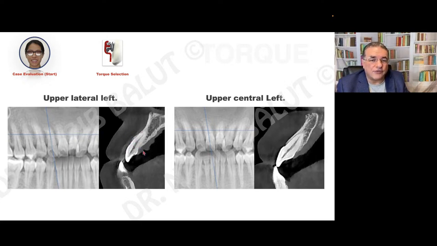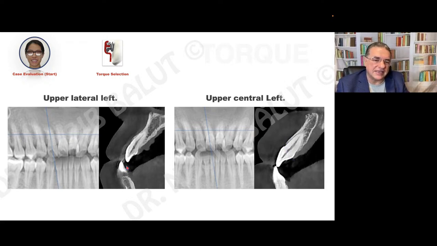So we have to be careful not to add a lot of low torque in this case, because for sure I will end up with the apex out of the cortical bone. And clinically, I won't see it. The central, we have a very nice cortical bone. We can be using the low torque brackets.